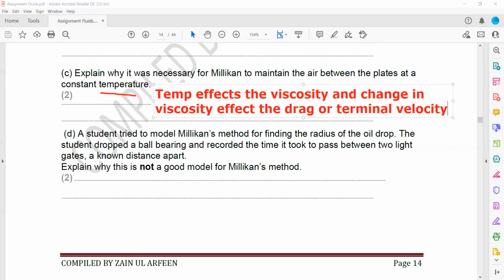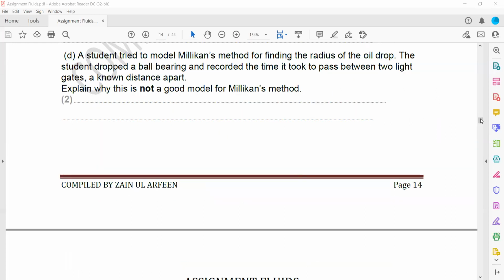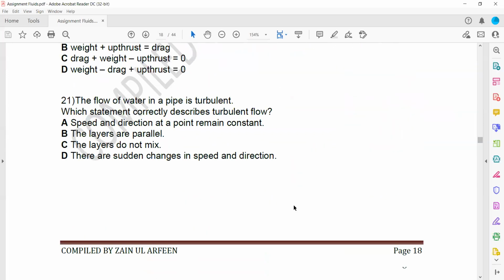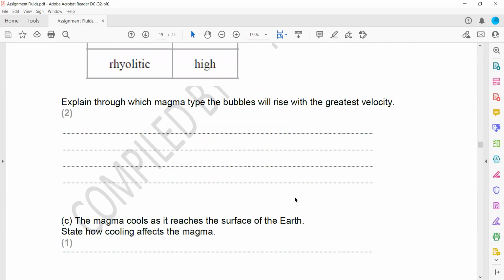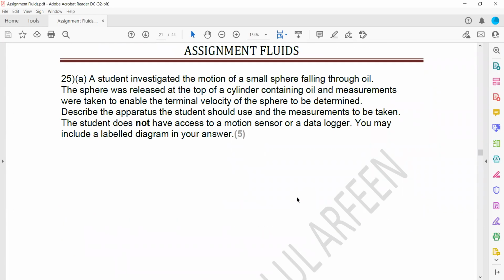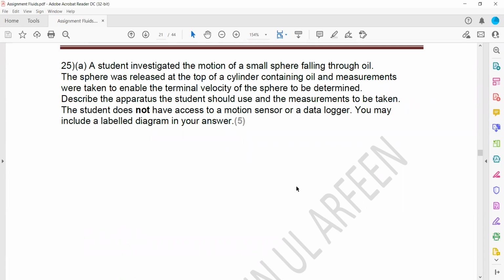Question 16, B2 and C. Next is question 25A. A student investigated the motion of a small sphere falling through an oil.